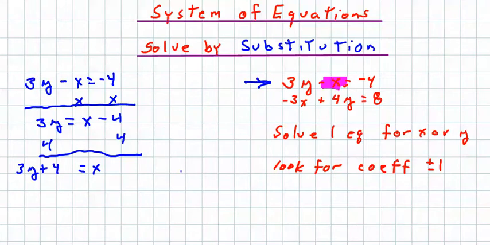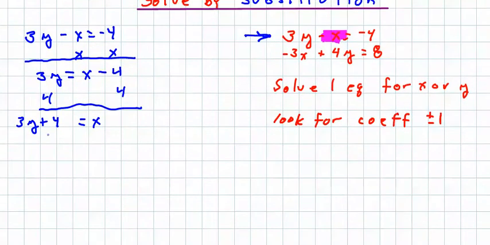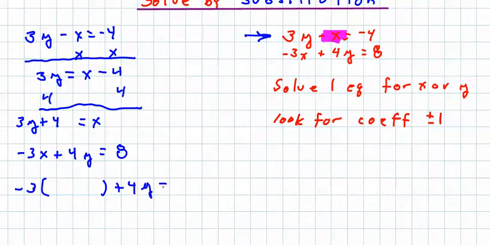I'm now going to take my other equation, like we did yesterday. This now becomes a problem just like yesterday. My other equation is negative 3x plus 4y equals 8. So I'm going to say negative 3 times whatever x is, plus 4y equals 8.